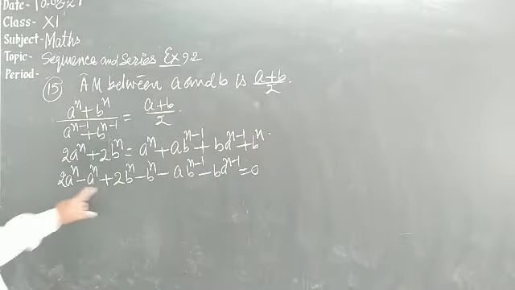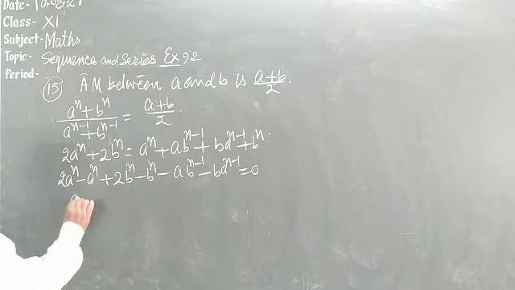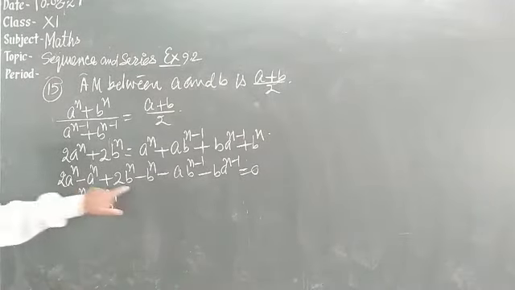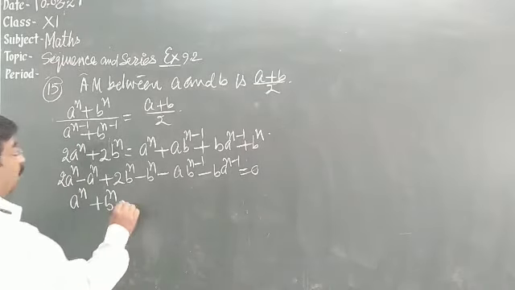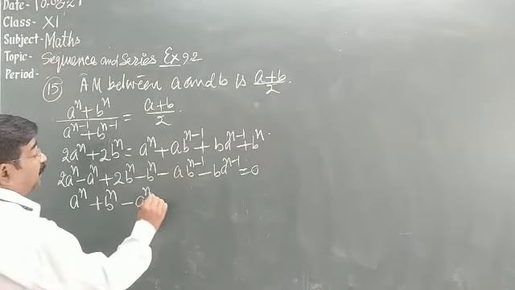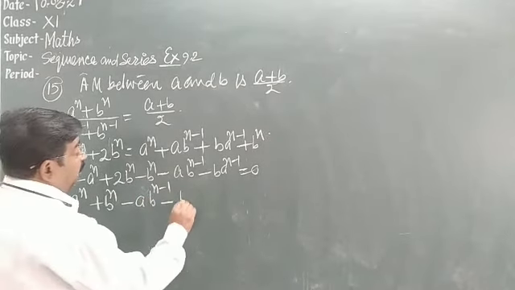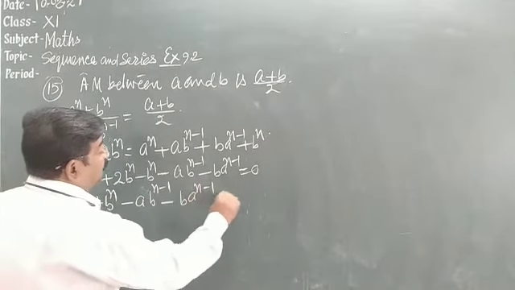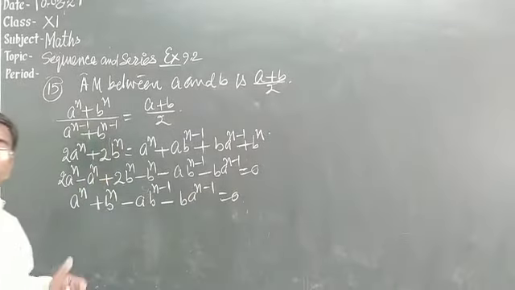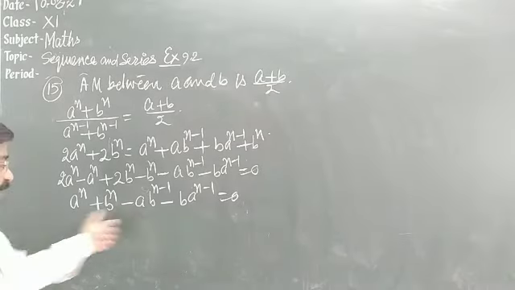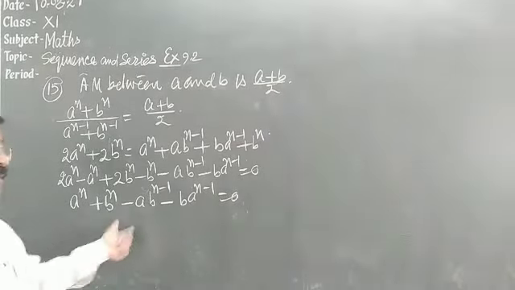Now what we have? This becomes a to the power n plus b to the power n, subtracting this, minus a b to the power n minus 1 minus b a to the power n minus 1 is equal to 0. Now we make brackets, taking the first and third terms together, and the second and fourth together.